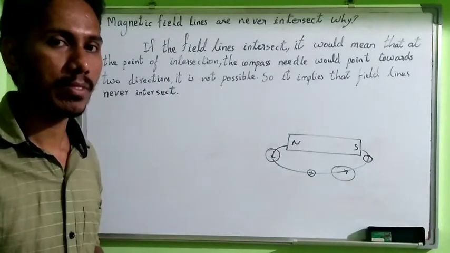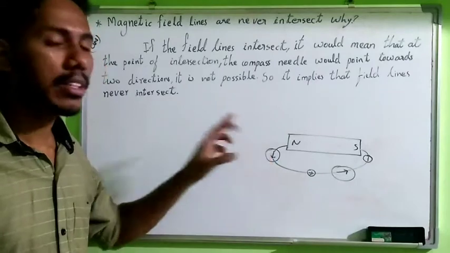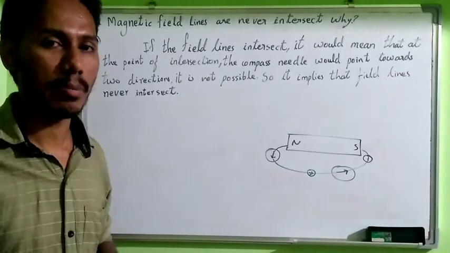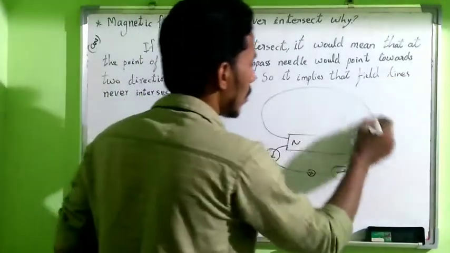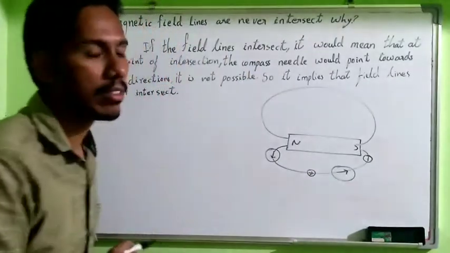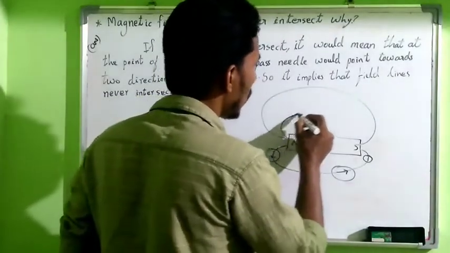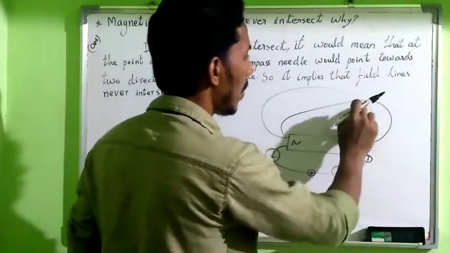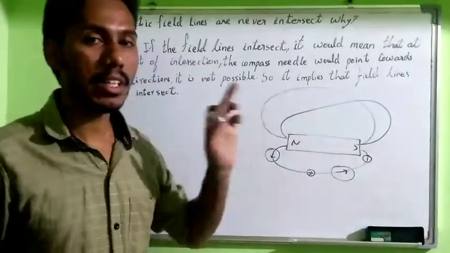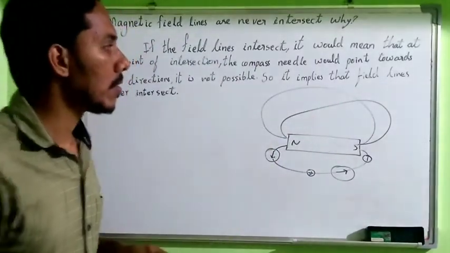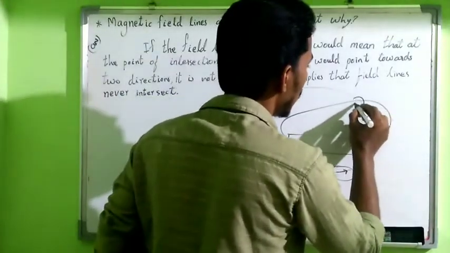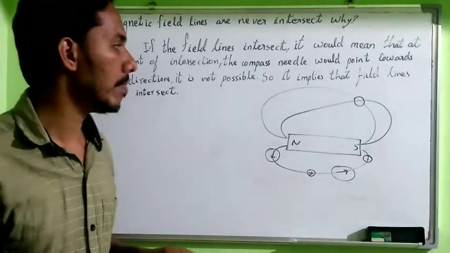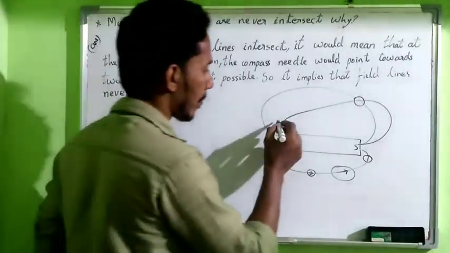Are you clear? Then, if two magnetic field lines intersect, what happens? Just draw another field line here and one more line, but it intersects this direction. This line intersects like this. If it is possible, then what is the direction of the compass needle at this point? Place a compass needle here.